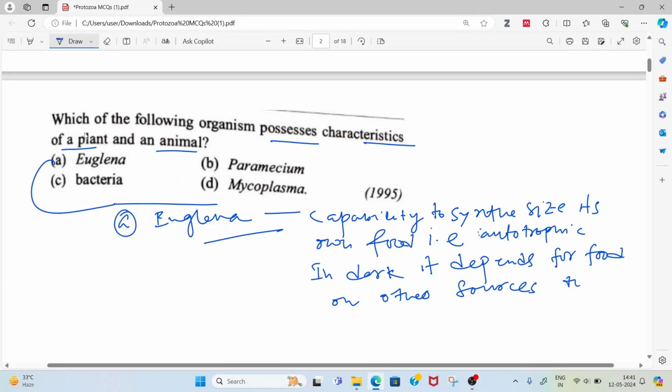So that's why Euglena possesses both animal and plant characteristics.